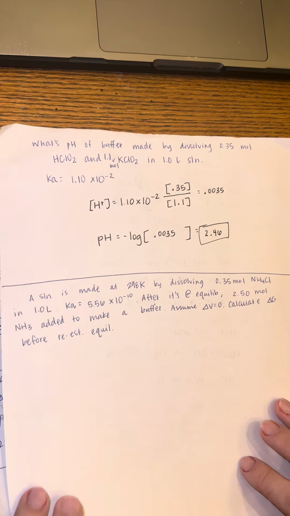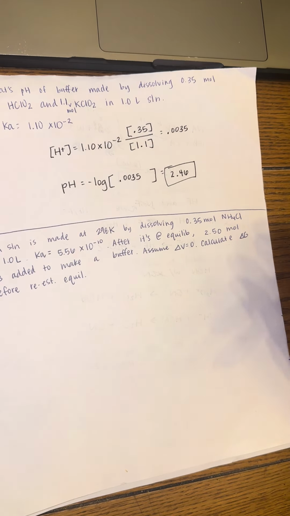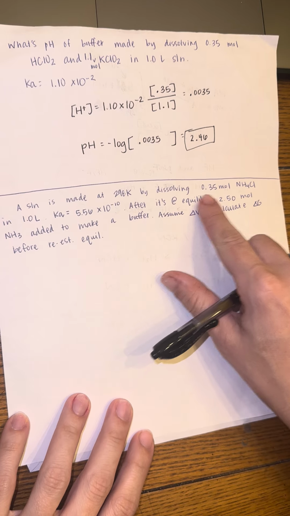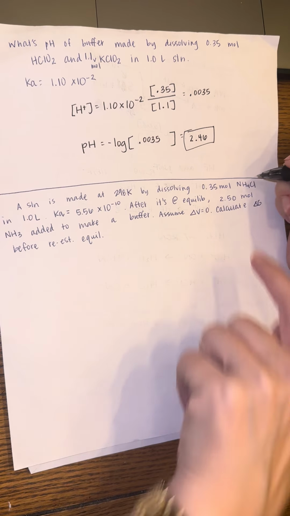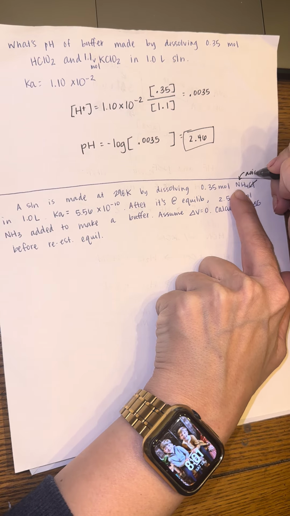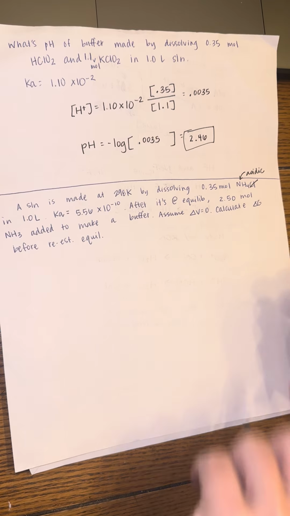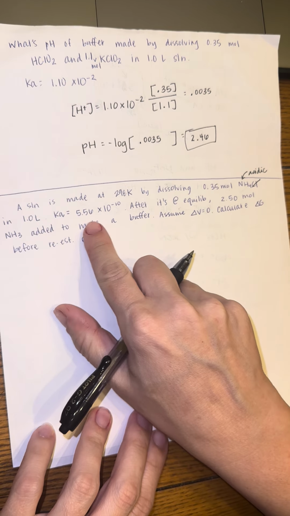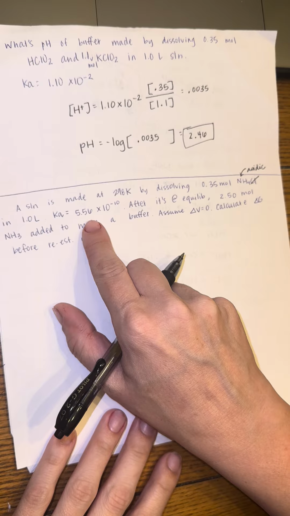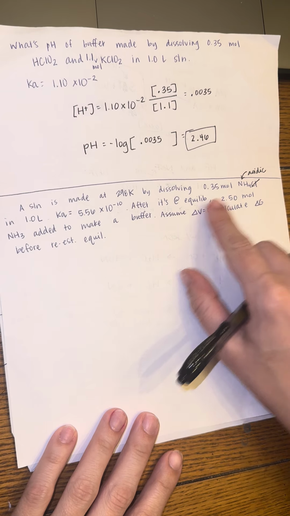All right. In the problem right underneath that, we'll go ahead here next. We have a solution at 298 kelvins, and how did we make it? We dissolved this. This is a salt, and just while we're here, this is an acidic salt, right? We would ignore Cl, and there's the Ka of that weak acid right there.